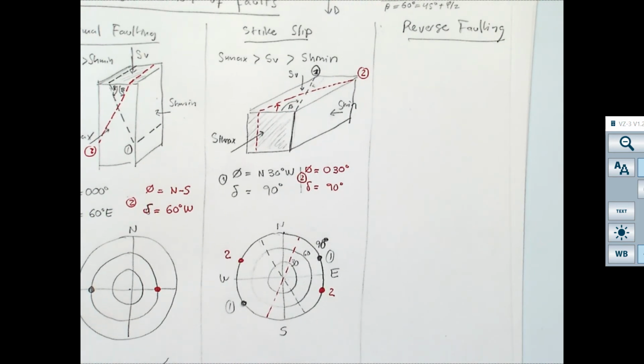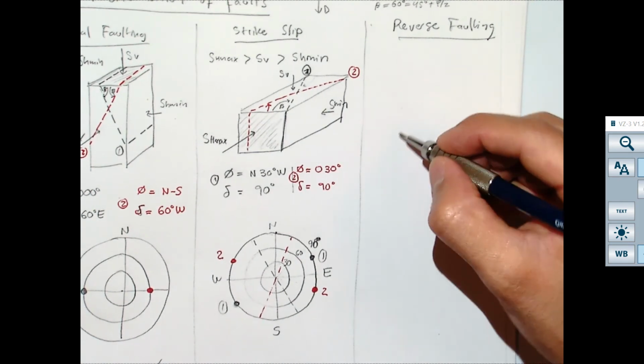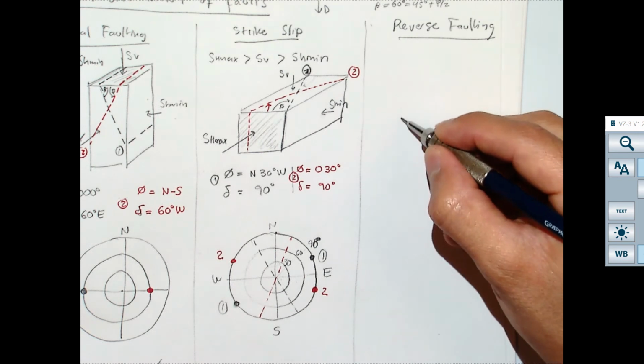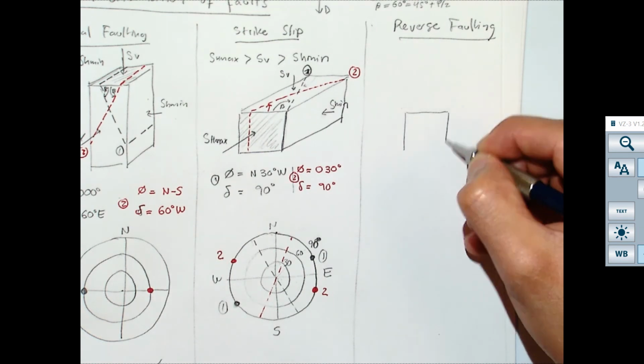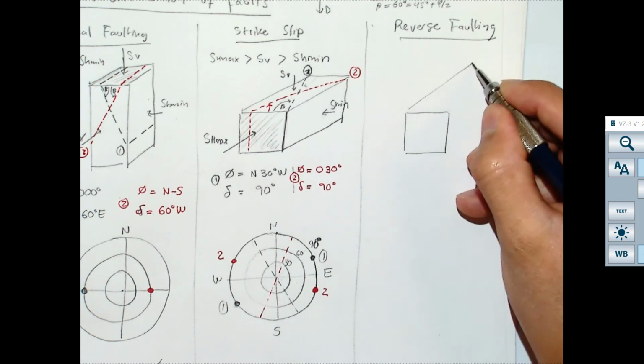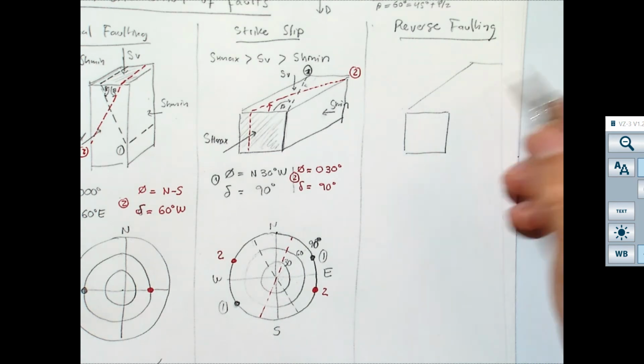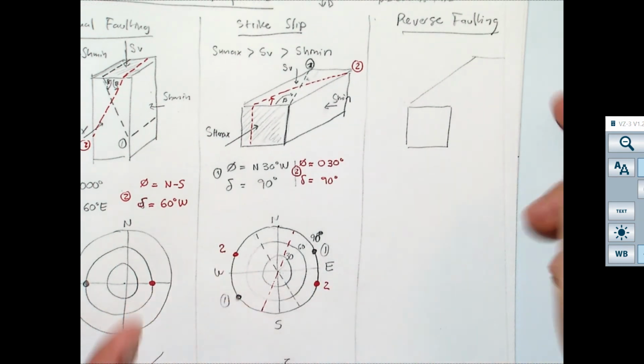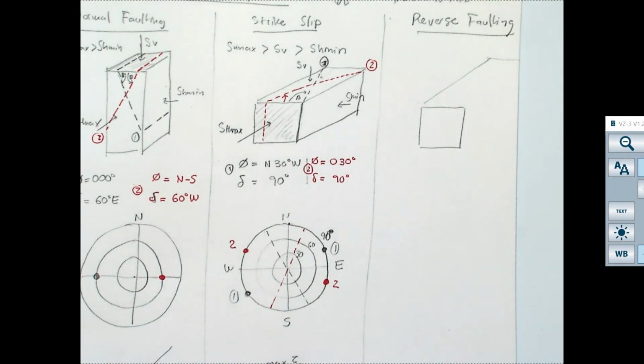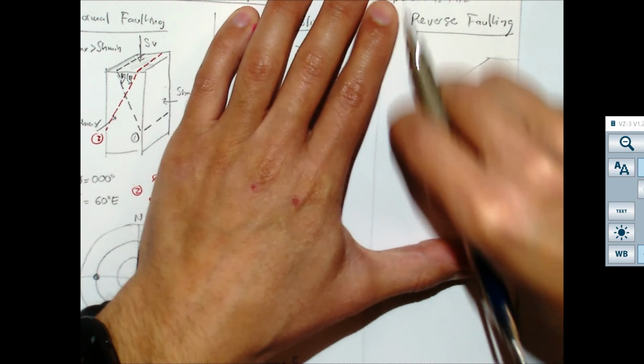Okay, so now I want you to work on number 3 on your own, okay? I'm going to tell you what are the conditions here. For reverse faulting, also I'm going to draw the maximum, wait, let me move this a little bit to the left.